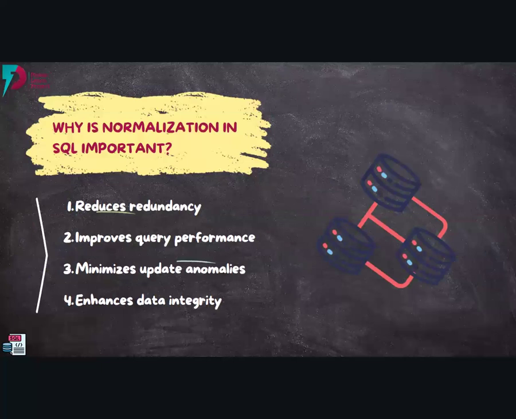We also touched on the importance of normalization, like we said, it reduces the redundancy, which means repetition, improves query performance, minimizes update anomalies, and also enhances data integrity to ensure that there is no data corruption.